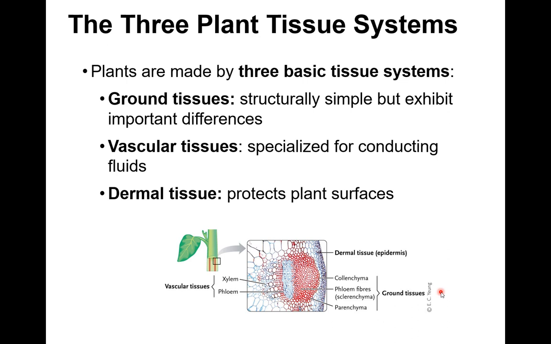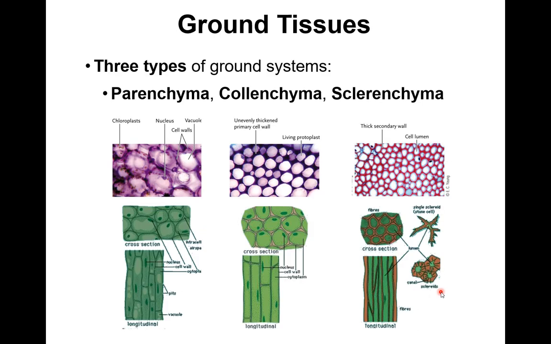Second type is vascular tissues, which ultimately are all responsible for movement of fluids, whether they are just water and minerals or fluids enriched with organic products of photosynthesis. Still, they're all vascular tissues. They still move this material around. And the third type, another very simple one, is dermal tissue, which has only the function ultimately to protect the plant surface from the external environment.